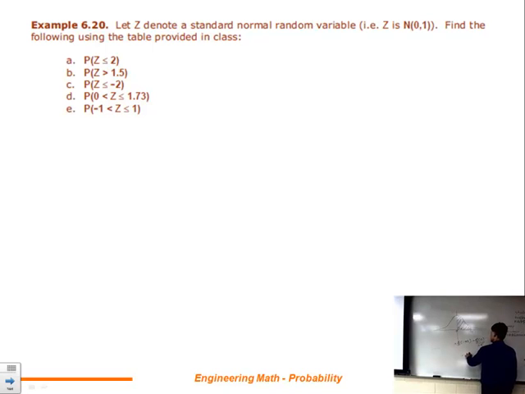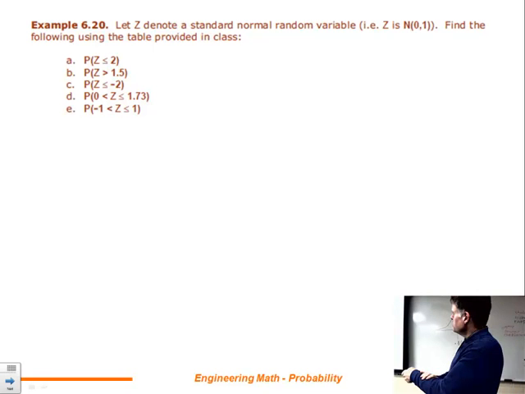0.95818 minus 0.5, so that's going to be 0.45. How about that one?